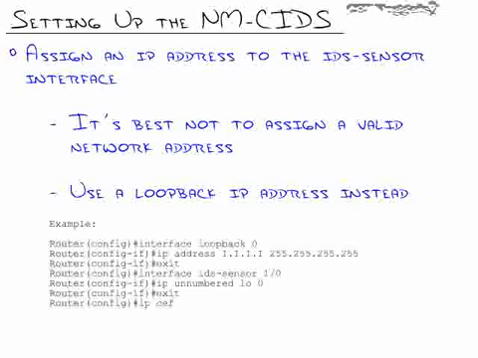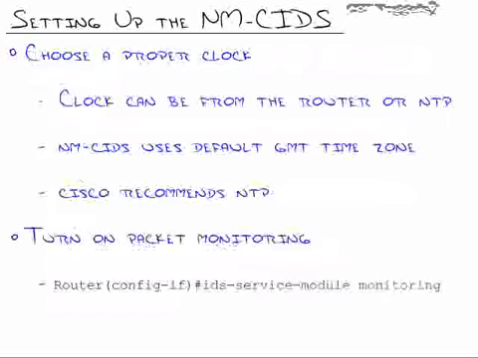But that IP address wouldn't be accessible for most people sitting on the network. You could think of it as a quasi-private IP address just for your sensor interface. Now remember that when you are configuring that sensor interface, it is just an interface. So it will be shut down by default, and you may have to issue that no shutdown in there.